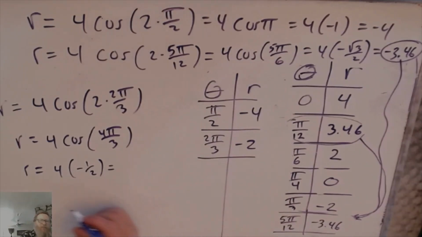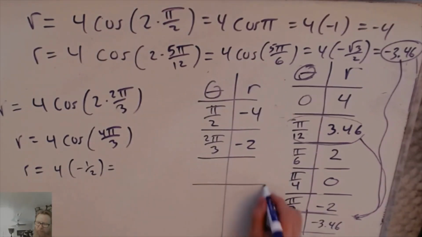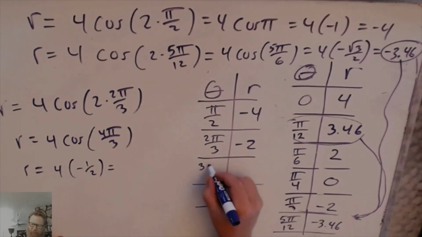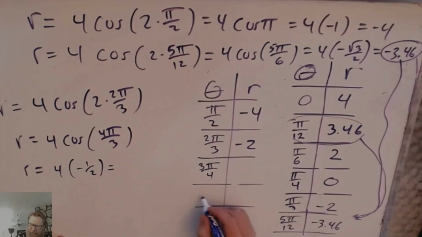All right, let's finish this off. Let's pick just a couple more points, 2 more points. Let's do 3 pi over 4, and let's just get to pi and be done with it, okay? I think that'll be enough to finish this graph.